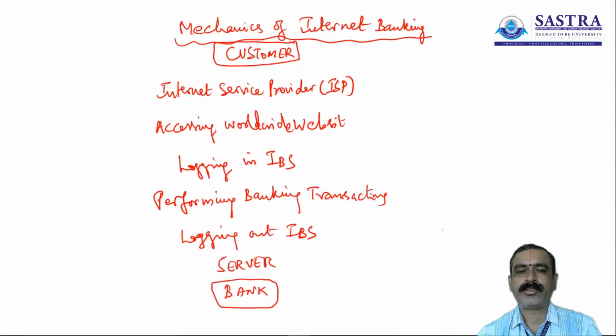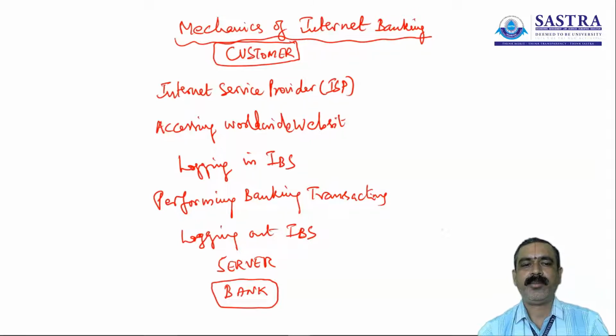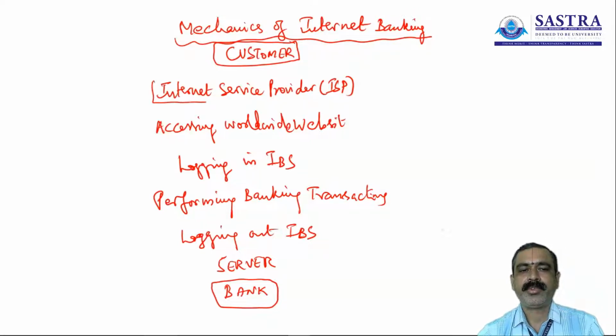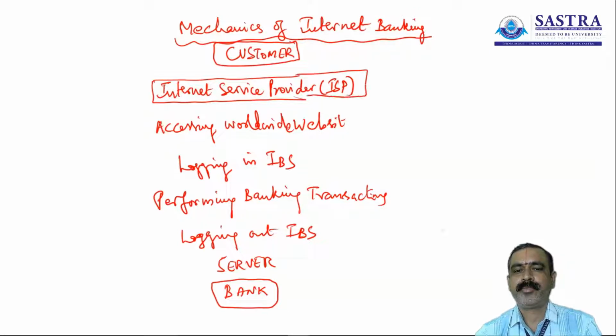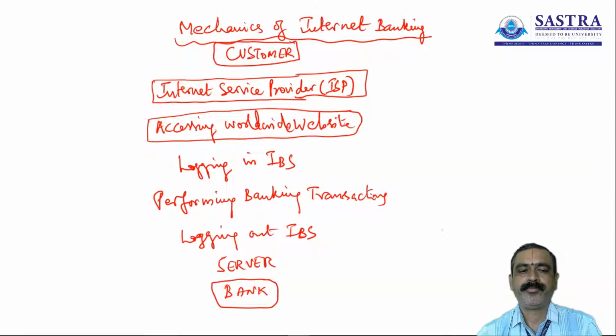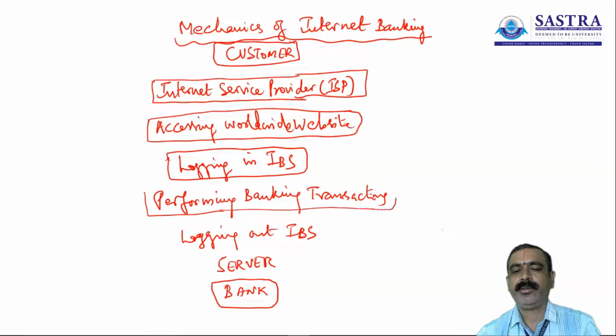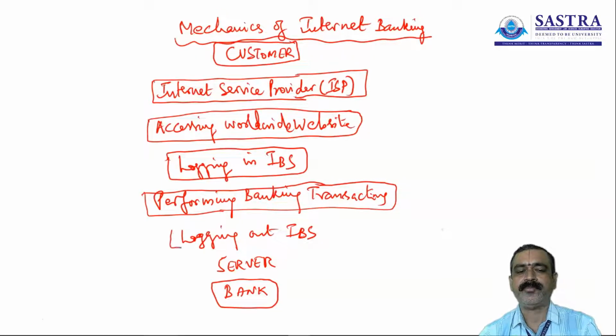So basic mechanics from customer to bank, what is all happening there? See, this is the internet service provider whom he connected to first, and the customer has to use the worldwide website and log in to IBS, and whatever transaction he requires, he may do it, and such required transactions can be performed well using all the facilities available inside.